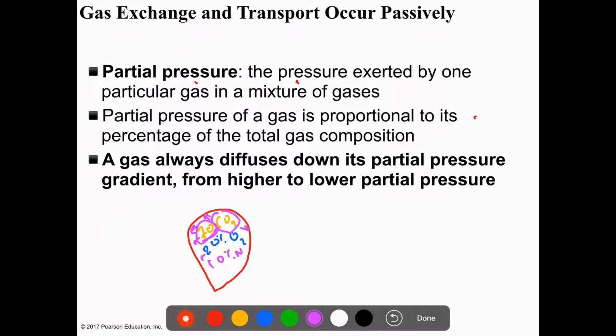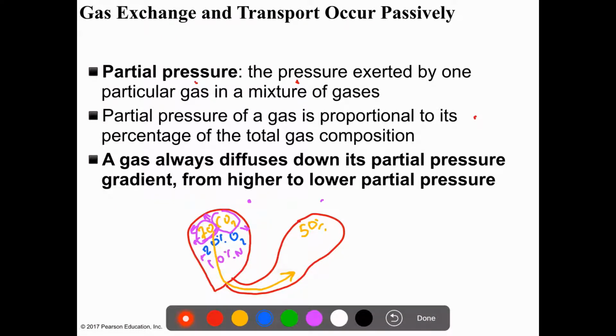So the pressure from the CO2 is the highest against this balloon compared to the oxygen, because we have more of the CO2. And usually the gas will move from areas of high pressure to areas of low pressure. So if we connected this balloon to another balloon where the percentage of CO2 is, let's say, 50%, then CO2 would move into this area.